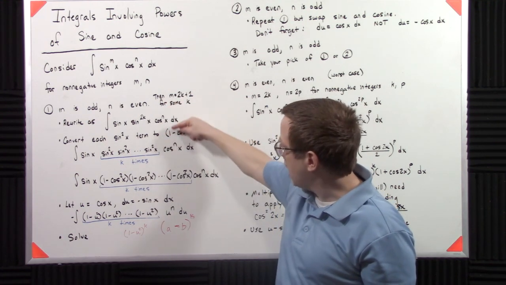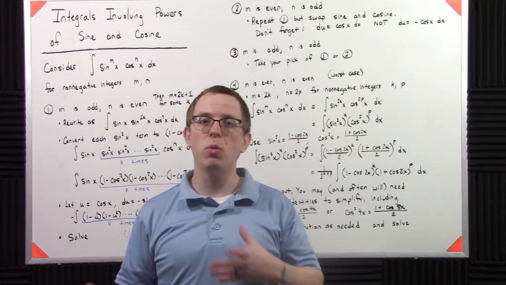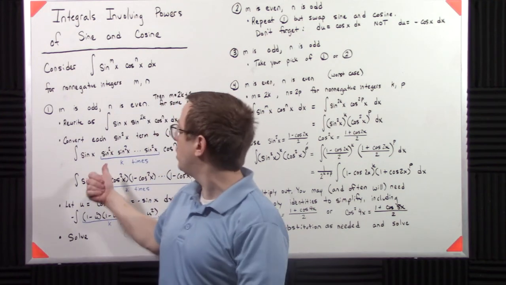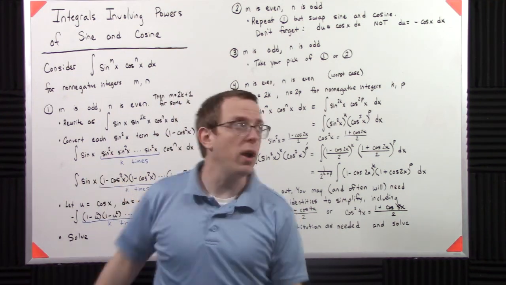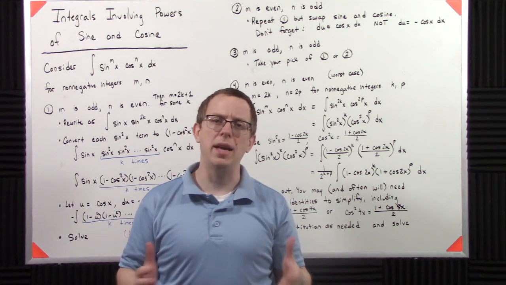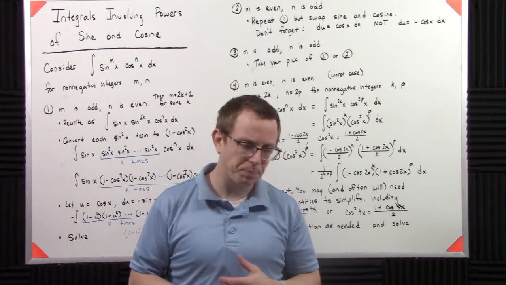It just dangles at the end and doesn't do anything. So when both of them are odd, you just take your pick. If you like splitting off a sine, great. If you like splitting off a cosine, great. You'll get the same answer. It may not look exactly the same, but I guarantee it is equivalent.